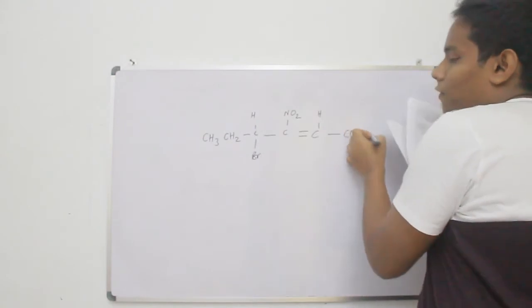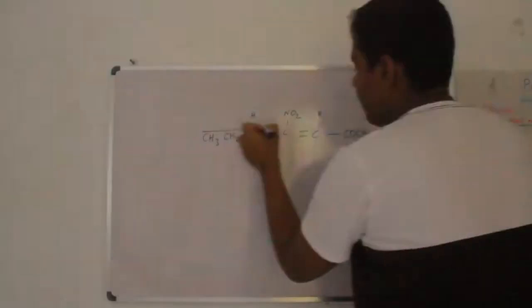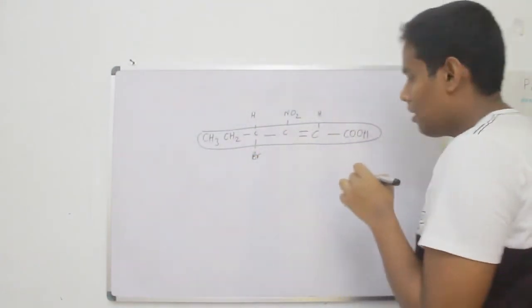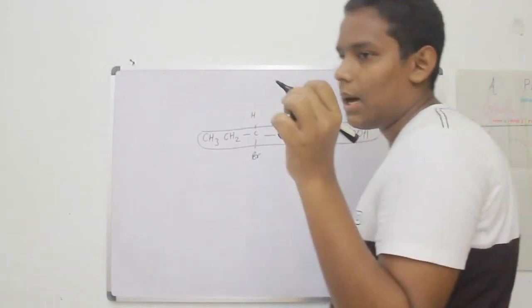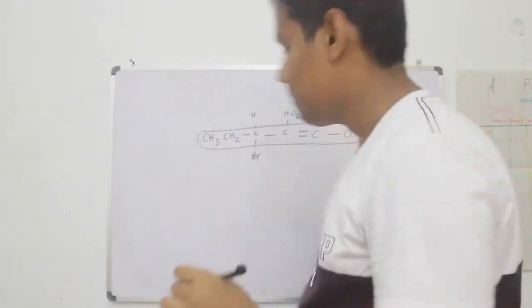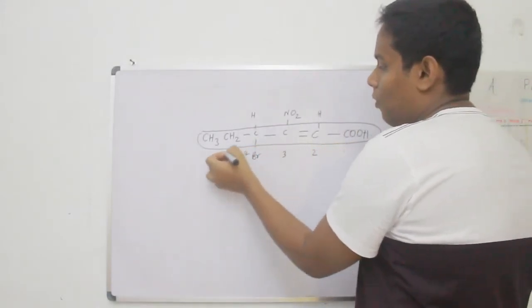So first of all we have to identify which is the longest carbon chain. The one that runs laterally will become your longest carbon chain, and we have to give the lowest number, or we have to give the highest priority to the functional group. Functional group is carboxylic acid. So 1, 2, 3, 4, 5, 6.